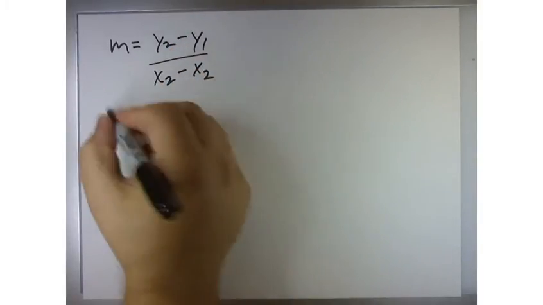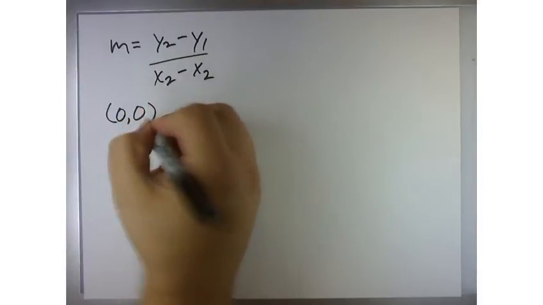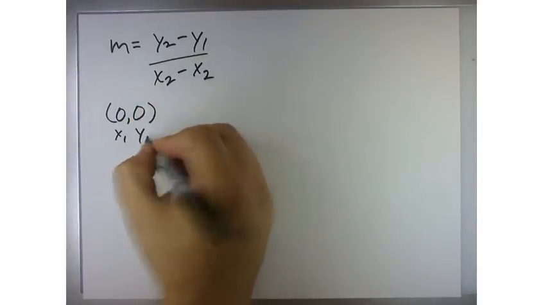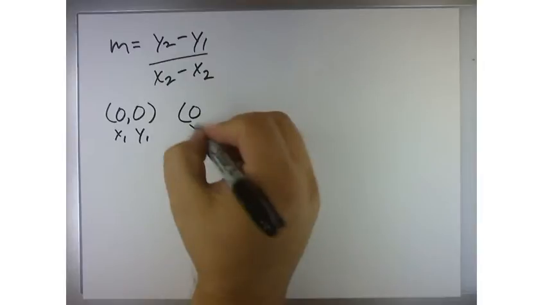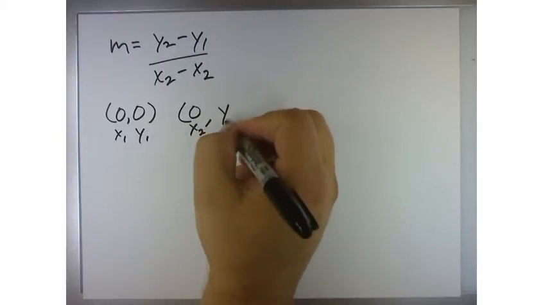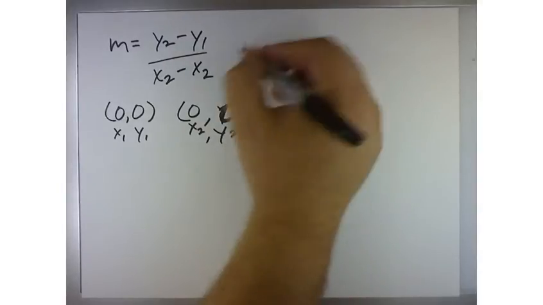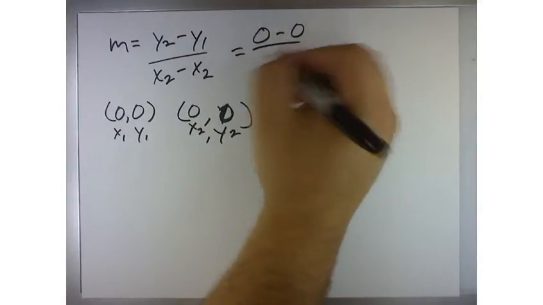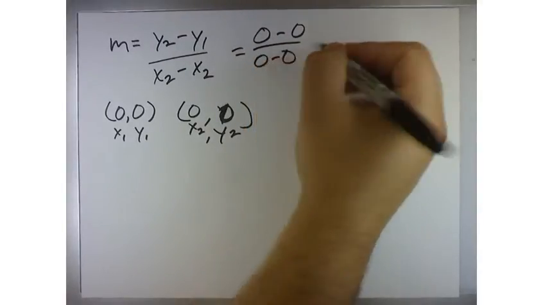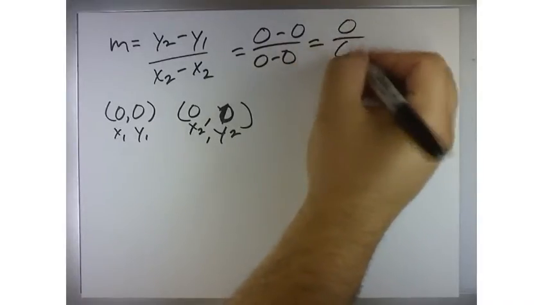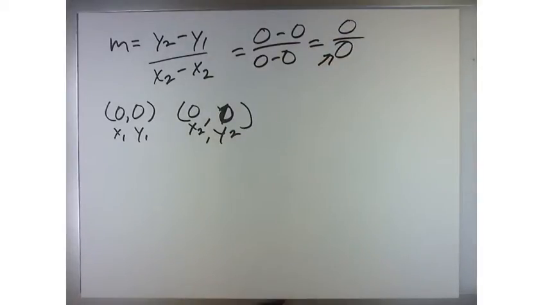I can't pick the same point for this. It won't work. So in other words, I can't say that this is x sub 1, y sub 1, and I can't say this is x sub 2, comma, y sub 2. Because when I plug it in, I get 0 minus 0 over 0 minus 0, right? And so then I have a 0 here in the denominator, and that's what really messes it up. So this is with numbers, right?